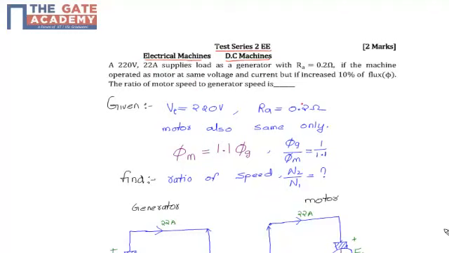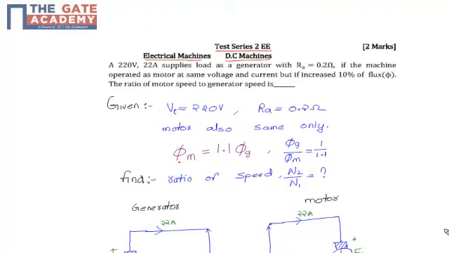Load as a generator, and if the machine is operated as a motor at the same voltage and current but with the flux increased by 10%, which is nothing but the motor also has the same voltage, current and armature resistance, but only the flux is increased by 10%.